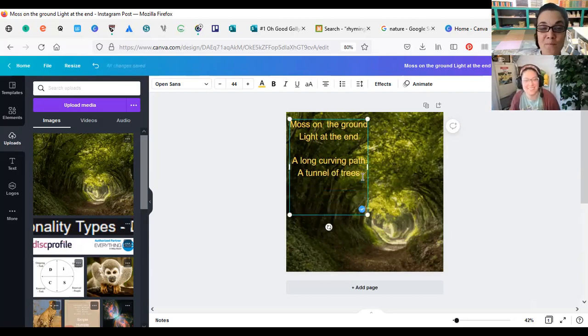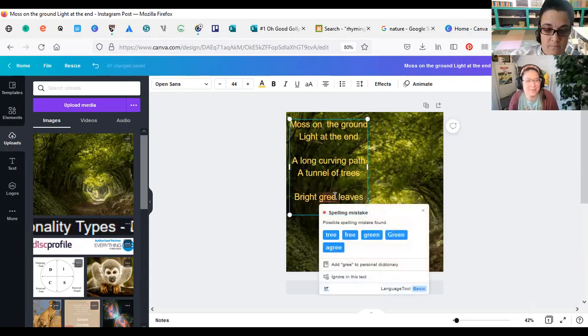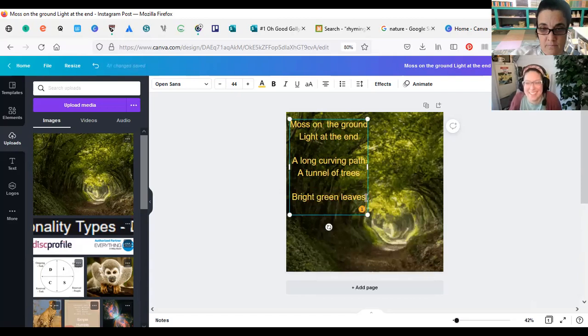We think we can go for one more stanza that's going to have 2 verses in it. Good, good, good. Try it. Bright green leaves. That's not 4 words.